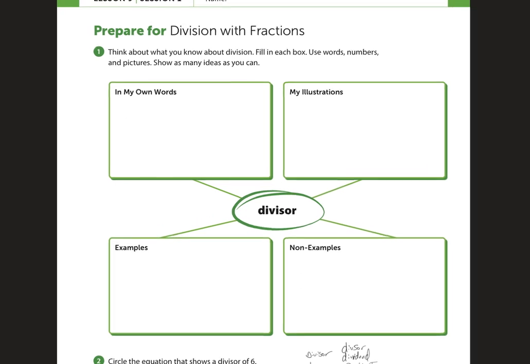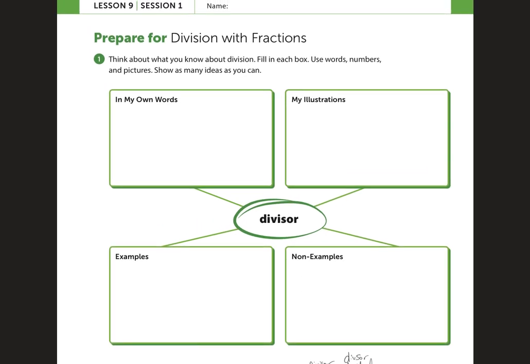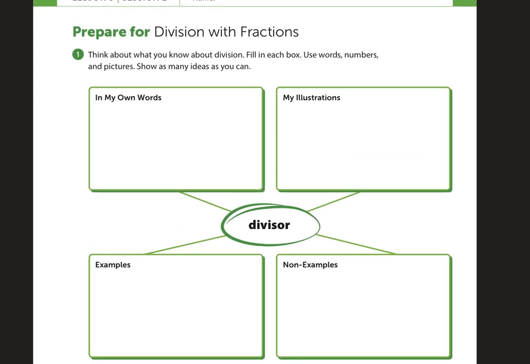I may give a go at this chart. In my own words, what is the divisor? And these are going to be simple answers. In my own words, the divisor is the number on the outside of a division house.